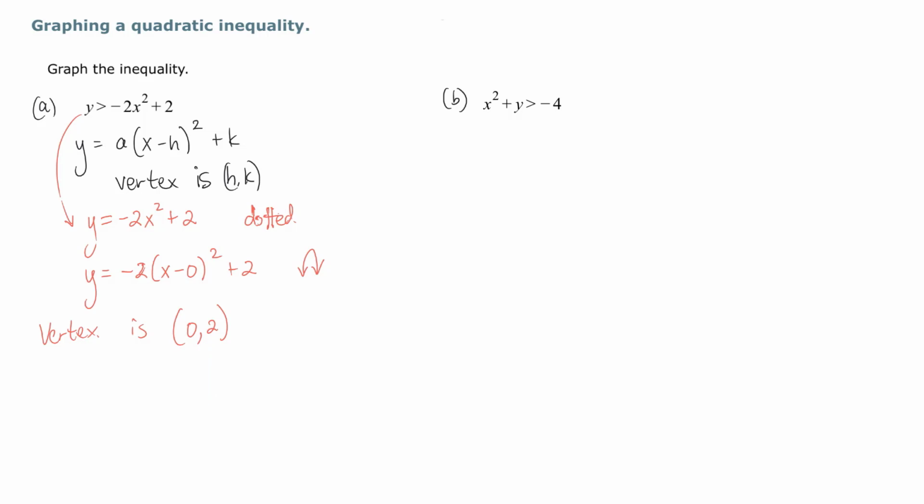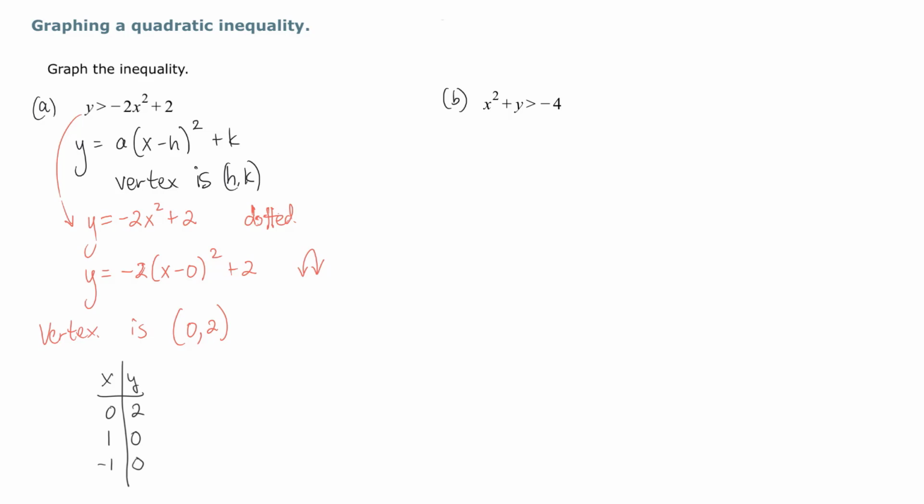Why don't we graph this parabola? Usually 3 ordered pairs is darn good. So we're going to have (0, 2). Why don't we pick 1? When x is 1, we get y to be 0. When x is -1, you can also see that y is going to be 0.